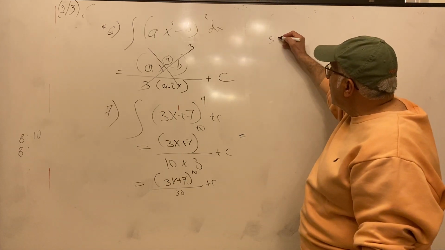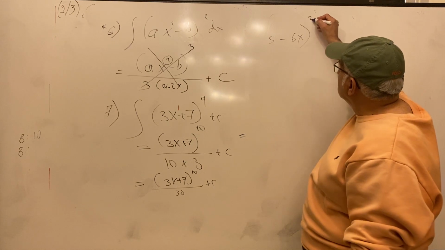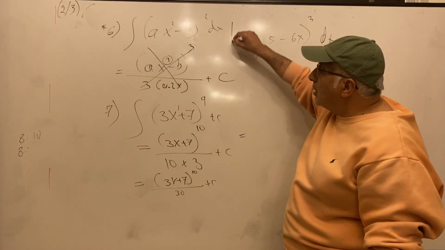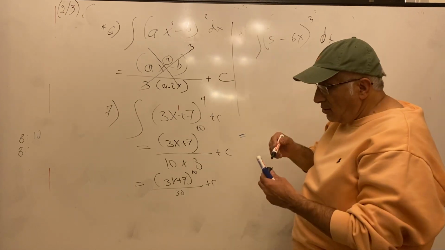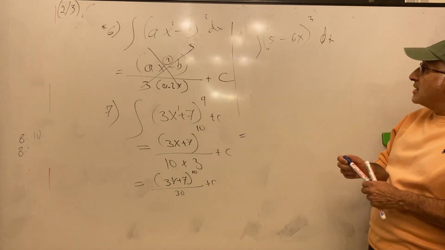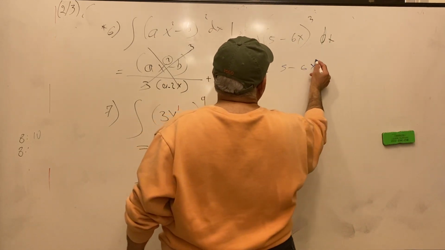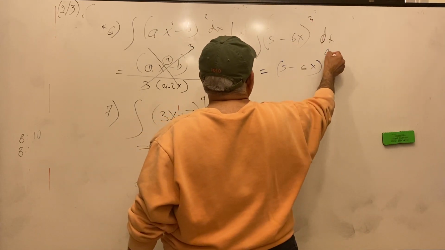For example, 5 minus 6x to the power 3. I know you want to be smart. I know you want to show off. I know you may have to do it that way. No, you don't have to. Simply take this one, 3 plus 1 is a 4, divided by 4.